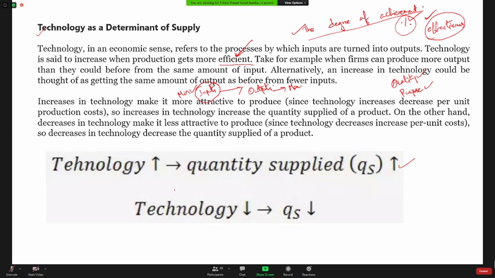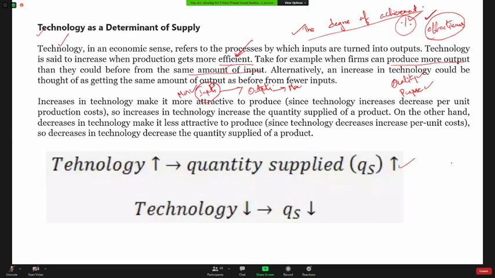Now, as I said, with the help of technology, for some time if you keep the effectiveness part aside, let us discuss efficiency only. Because of more and more upgraded technology, it's becoming more and more efficient. Firms are able to produce more output with the same amount of inputs than before.